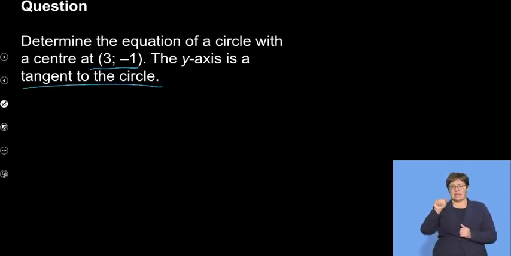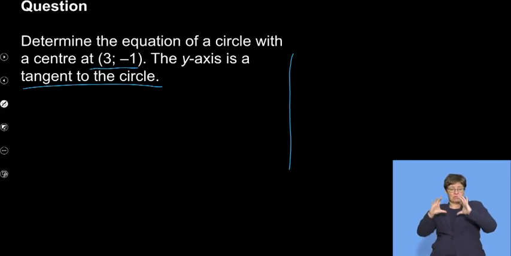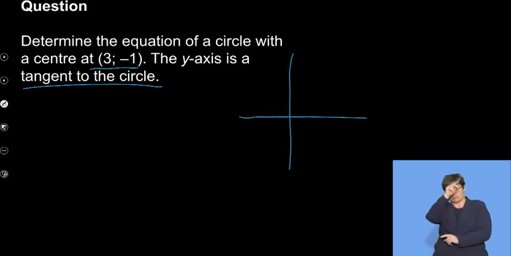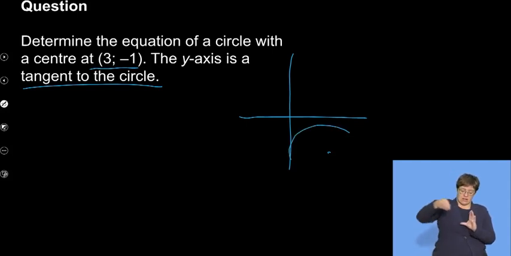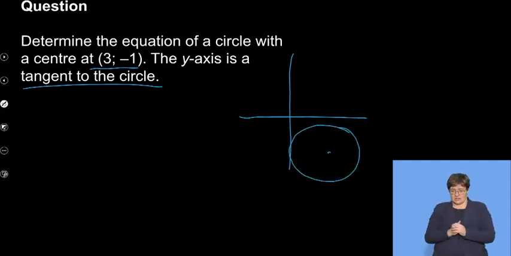What does that tell us? With this one, we will need to kind of draw a diagram, right? Our center is at 3 and minus 1, so that is somewhere there. And then our y-axis will be the tangent. So it means our circle kind of goes like this. You see, where this is the tangent.